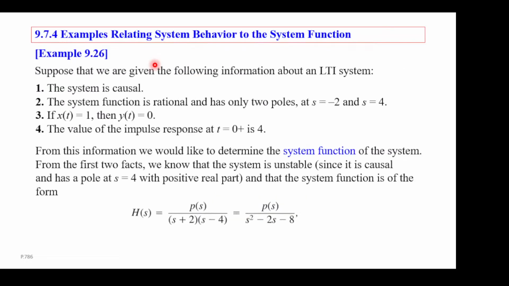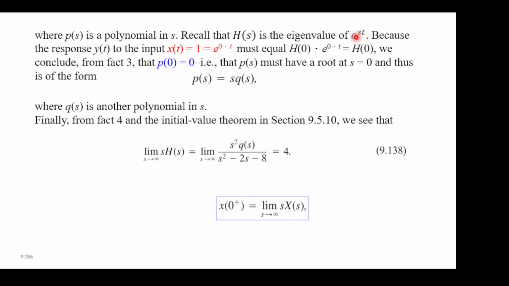So that's the most tricky part of this question, where you see this x of t equal to 1, then you realize that it's actually e to the st with s equal to 0. And from there, you see that P of 0 equals 0. But then you remember P of s is a polynomial, so it's a sum of powers of s. If the polynomial is 0 at s equal to 0, that means it has no constant term, right?